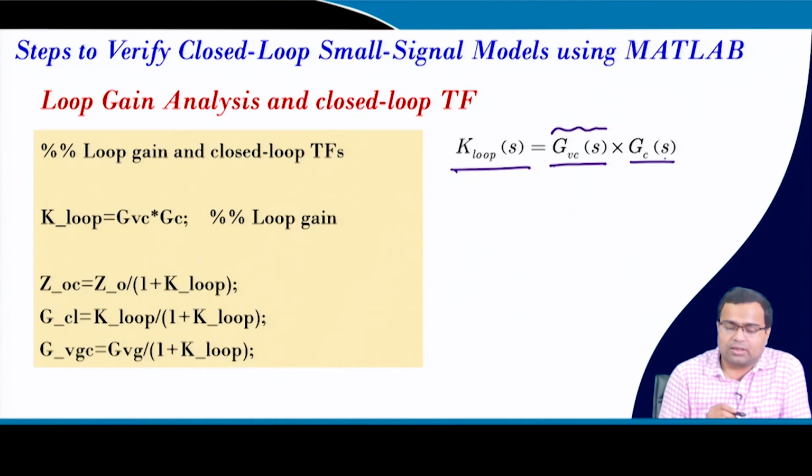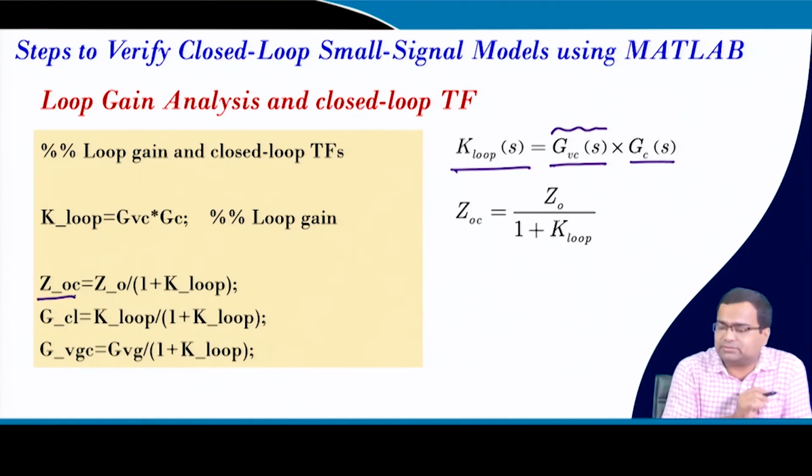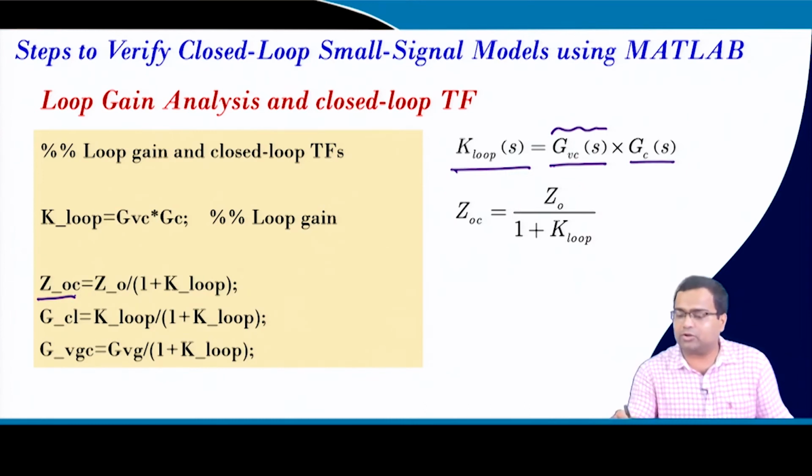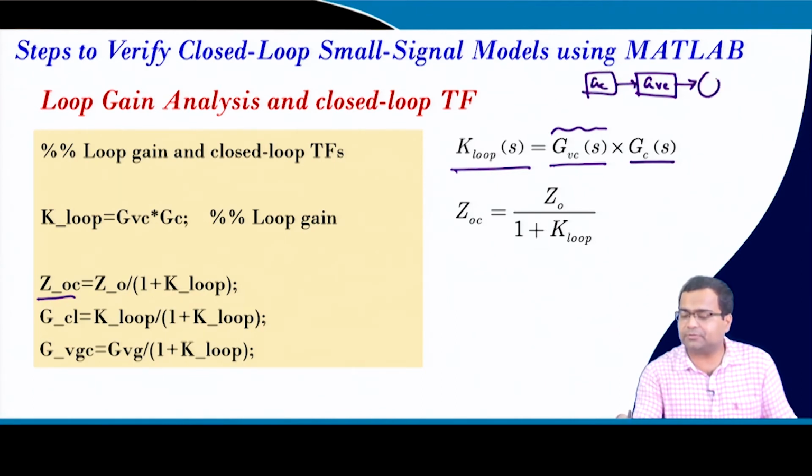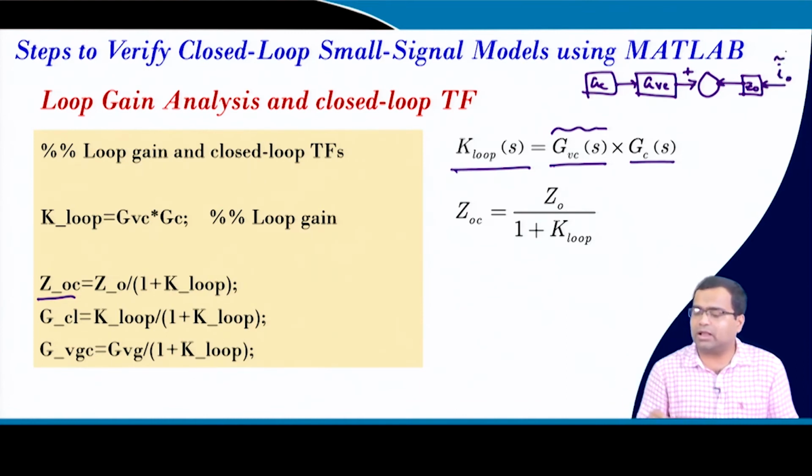Then what is our closed loop output impedance? So, if you go back to our plant model, suppose this is our GVC and this is our GC, and this is our open loop output impedance, and this is our V0.